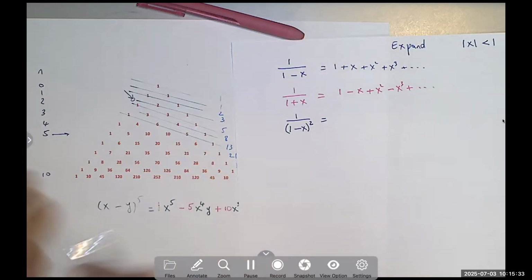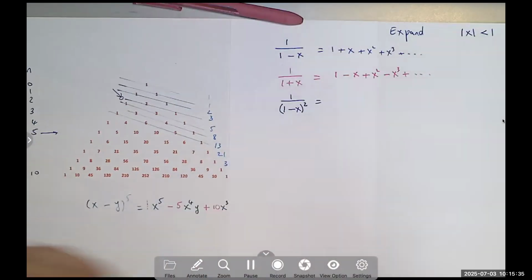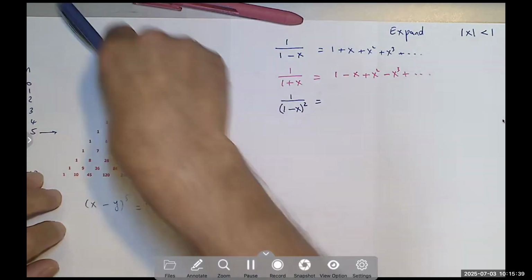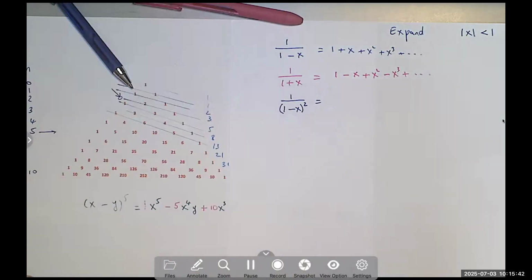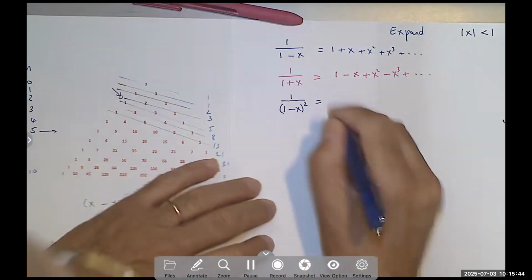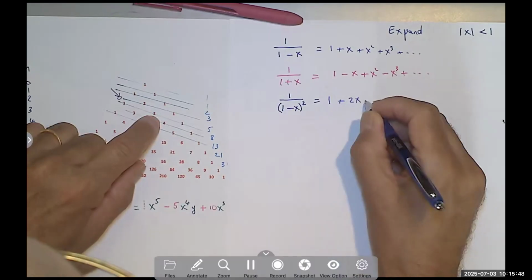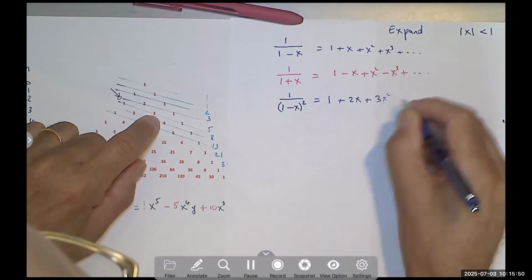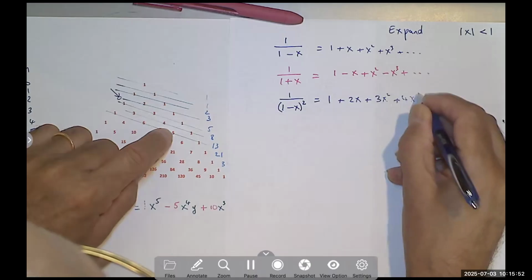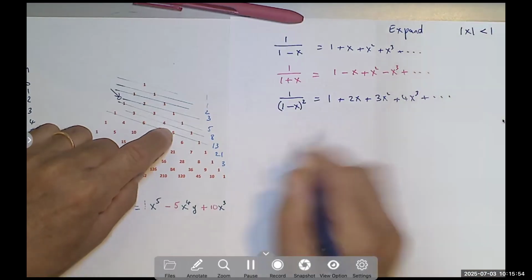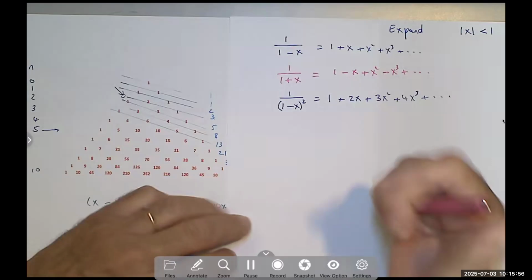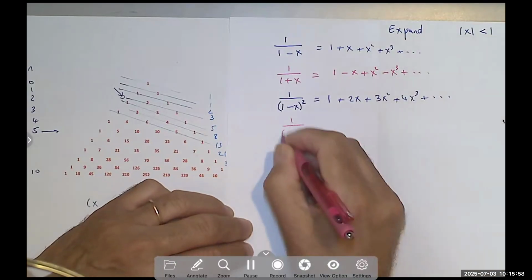So what do you expect if I divide by 1 minus x squared? Yes, I will go to the next diagonal, which has 1, 2, 3, 4. So it's 1 plus 2x plus 3x squared plus 4x cubed plus, till infinity. And of course, if it's plus, then you alternate the signs.